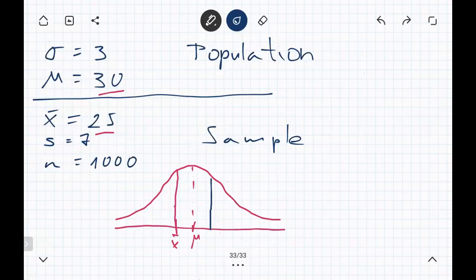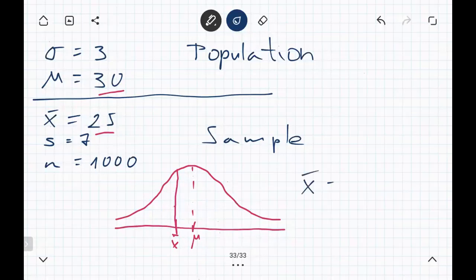I want you to remember the formula we started with. We said that the true population mean, no, it was the other way around, right?